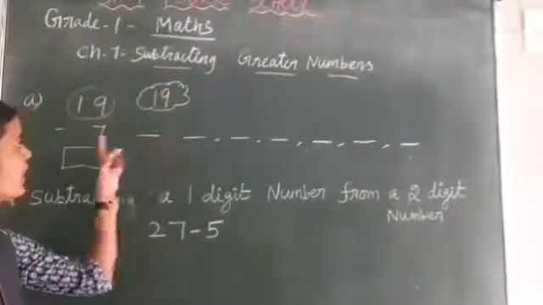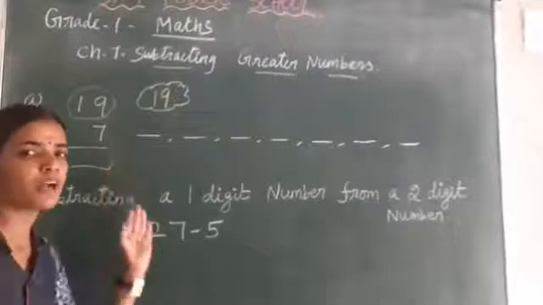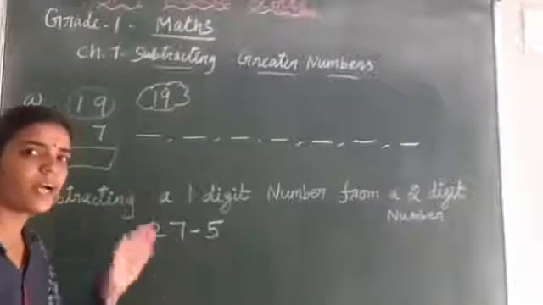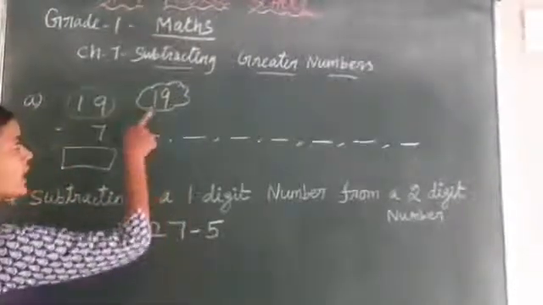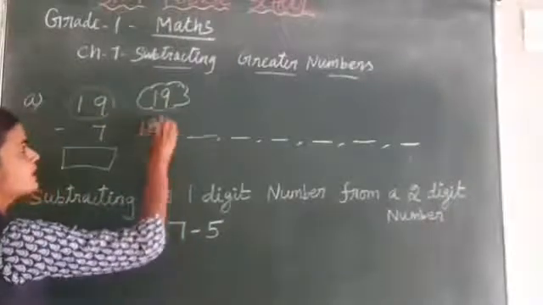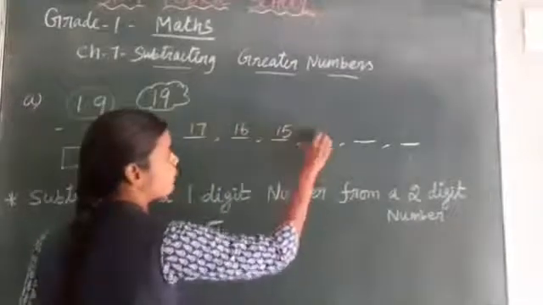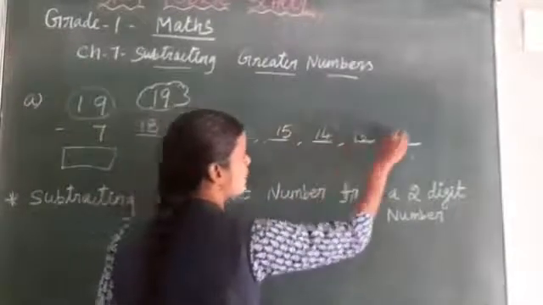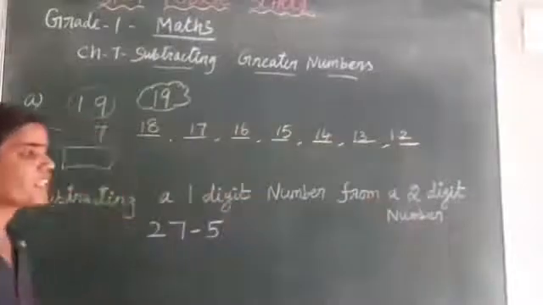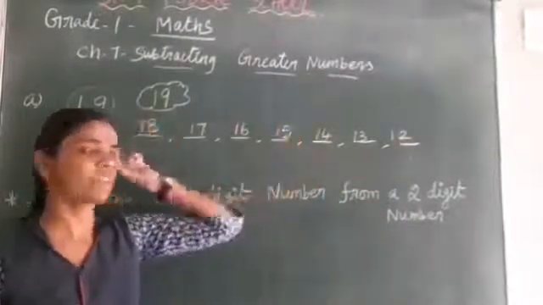Move backward how many steps? What is the second number? That many steps you have to move backward. So 19, before 19 what? 18, 17, 16, 15, 14, 13, 12. So the number at the end is the answer for this sum.